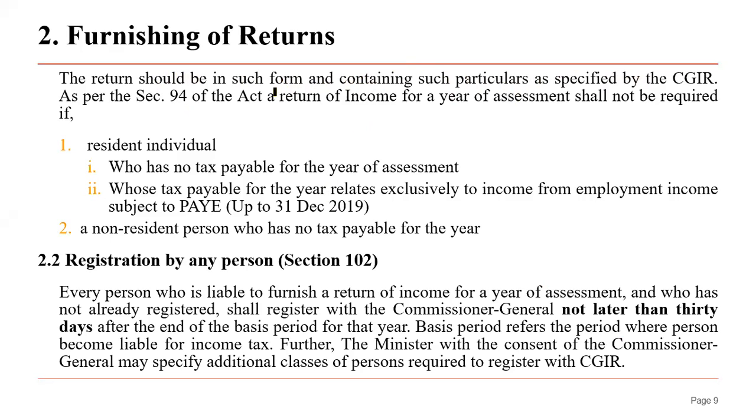As per section 94 of the Inland Revenue Act, a return of income shall not be required from a resident individual, not a company, who has no tax payable, with tax payable under the year stated exclusively on income from employment only.